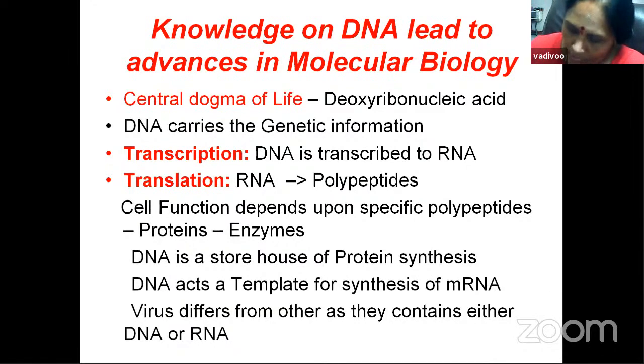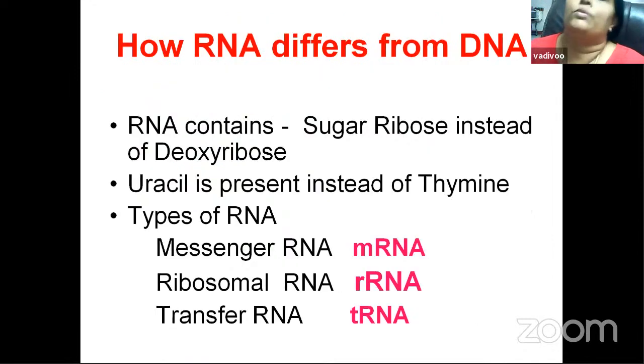How RNA differs from DNA you must also be very knowledgeable about. Here uracil replaces the thymine, and there are three types of RNA: messenger RNA, ribosomal RNA, and transfer RNA.